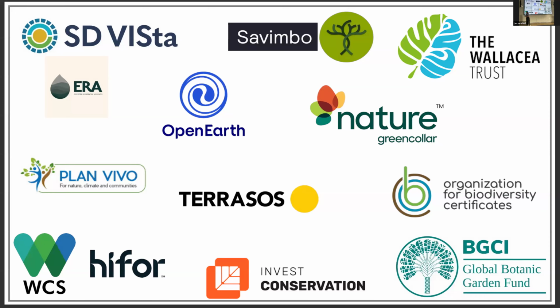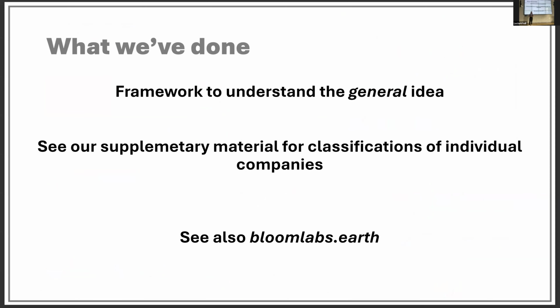And what I'm going to present to you now is a framework to understand the general idea of what a unit of nature is, what a biodiversity credit is, drawn from these early movers and trying to pull out the major trends overriding what's going on. And I need to really emphasize the general, because basically everything I present here is not going to be accurate in every single way to every single operator.